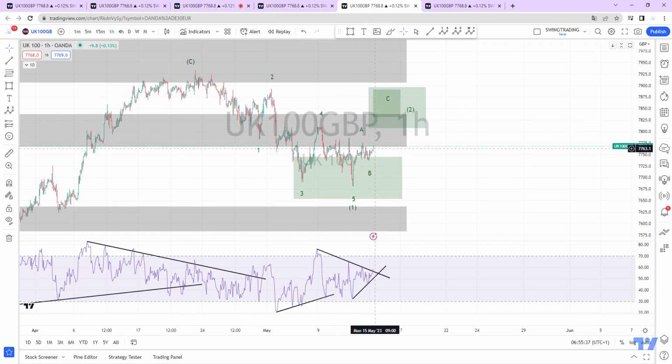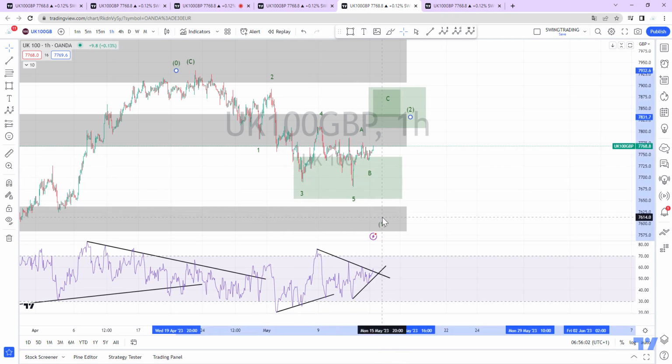If I would have to do a long entry, it would probably be here below this low. I would put an entry here, and then my scenario would be that this wave one down is not finished yet. Then I would expect that it would finish here below this low at this support zone.